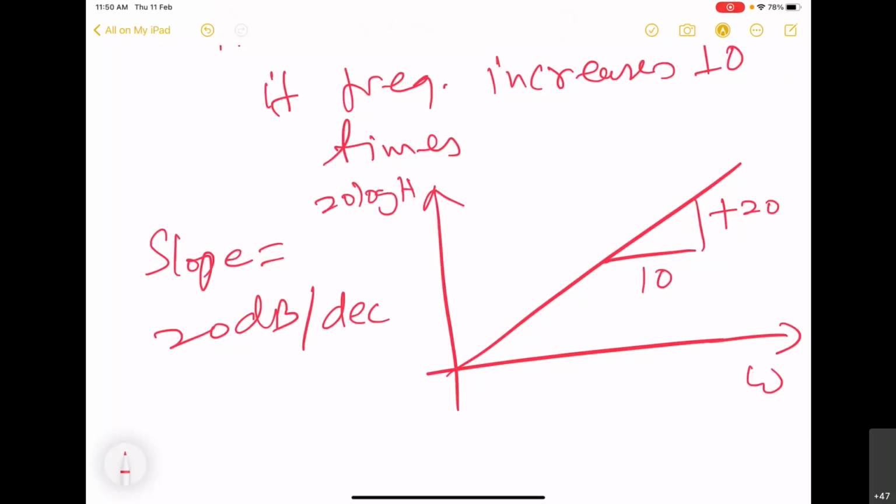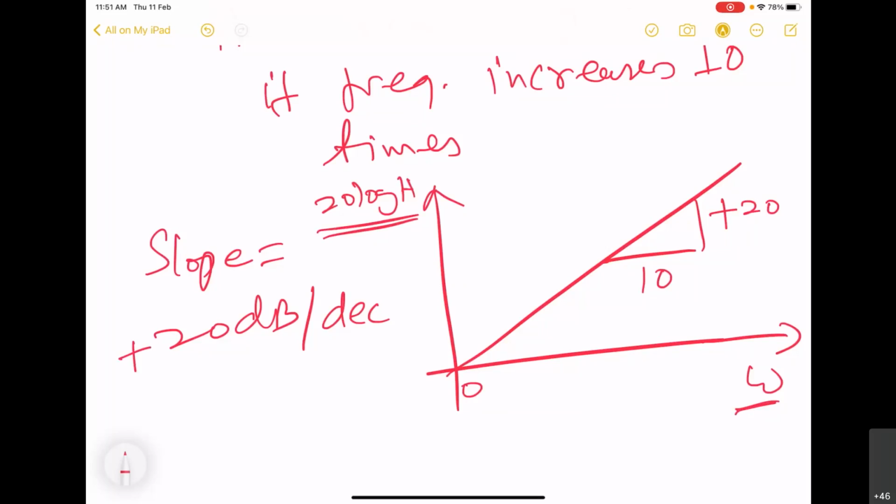Right? And this is a typical convention, or the terminology, used to specify the slope of various lines when we plot the magnitude of the transfer function with respect to omega, both in log axis. 20 dB per decade. To be more precise, this is plus 20 dB per decade.